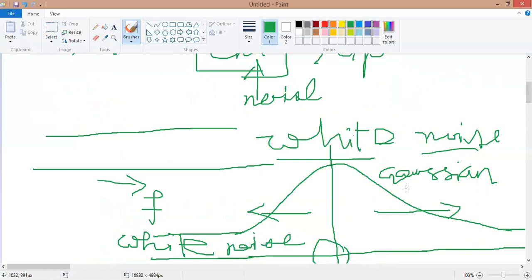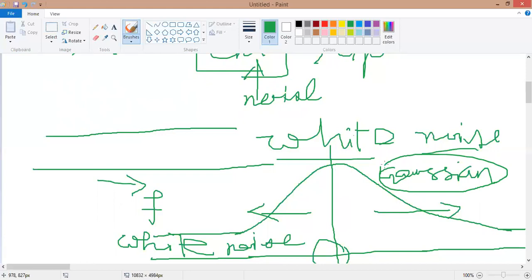But whatever it is, we will get that variation in terms of Gaussian nature, and that is known as additive white Gaussian noise.